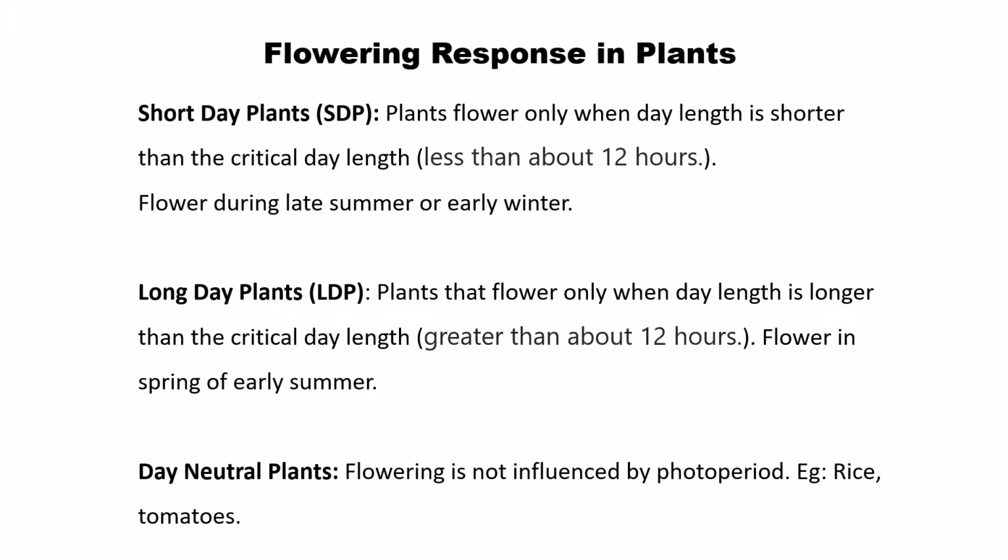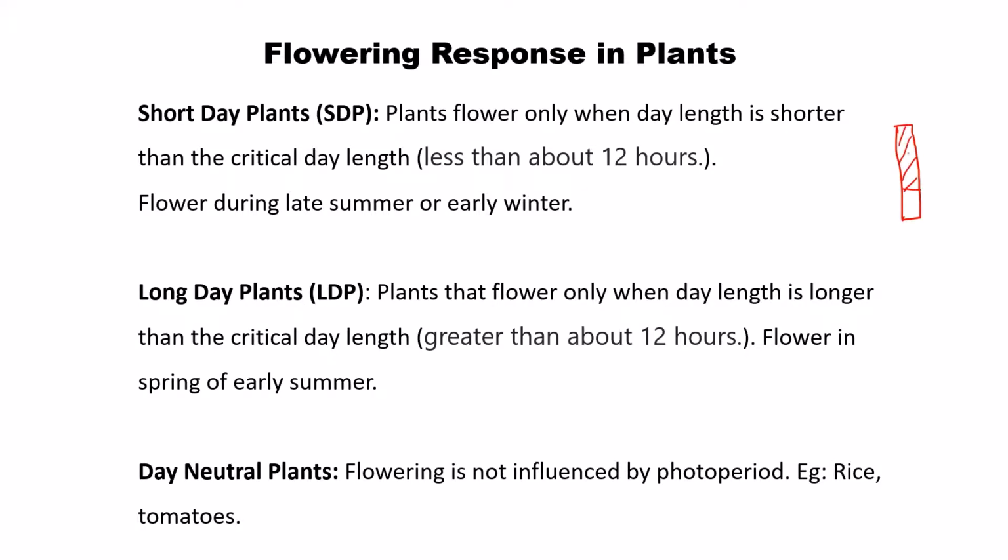Next is flowering response in plants. What is meant by short day plants? Short day plants are plants that flower only when day length is shorter than the critical day length, that means less than about 12 hours. So we can call a short day plant a long night plant.